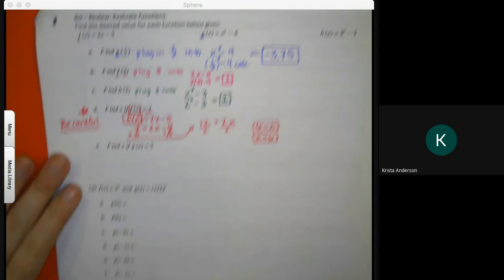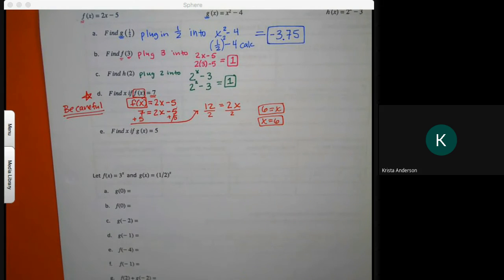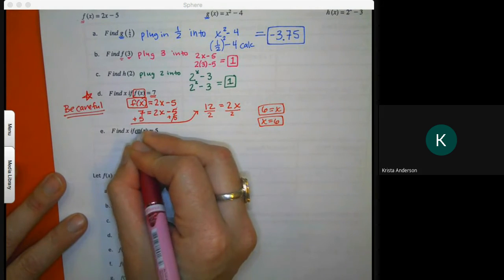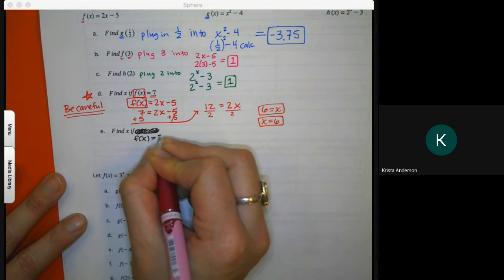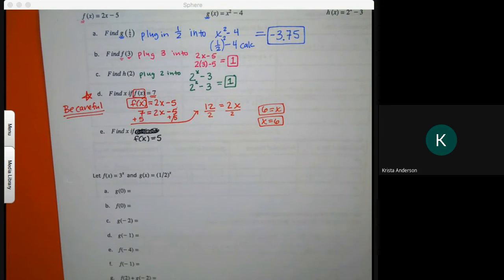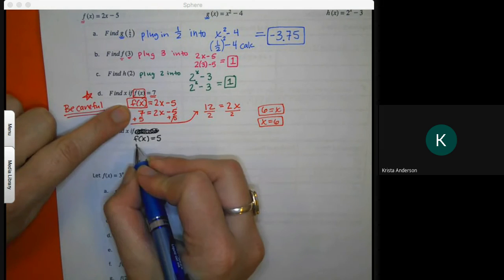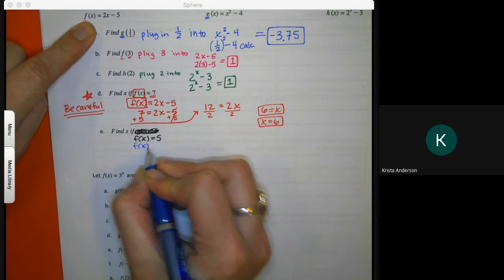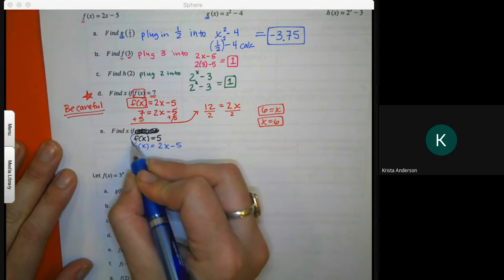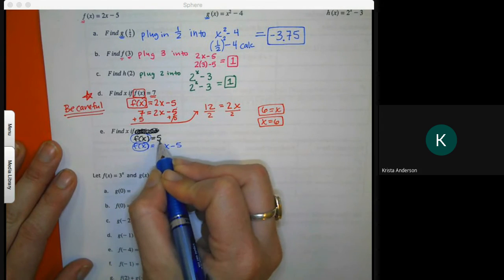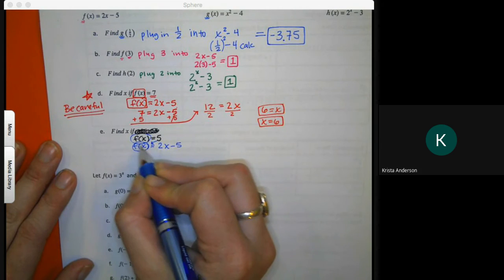So for E, I want to make a correction because on your homework you won't have one that difficult. I want you to fix this and say that f of x equals 5. So we're going to try it again. Because f of x is 5, I use f of x is 2x minus 5. Because these match, I'm going to just plug the 5 in right here.